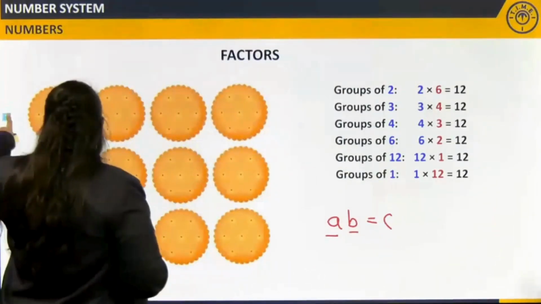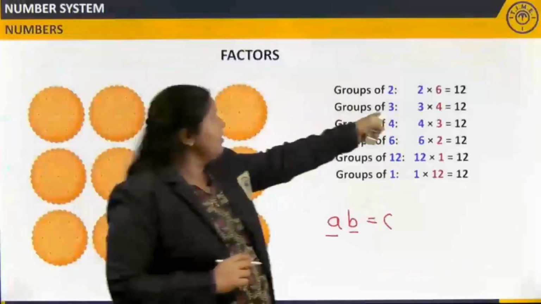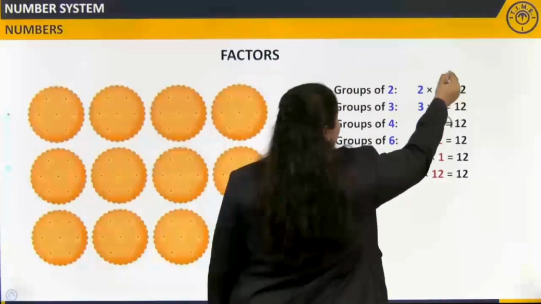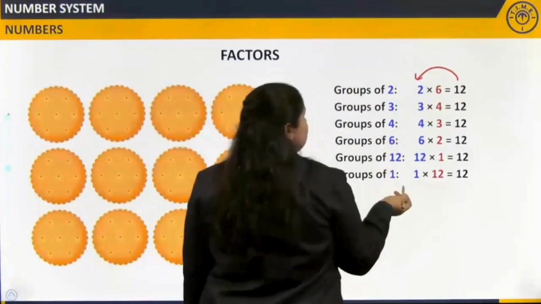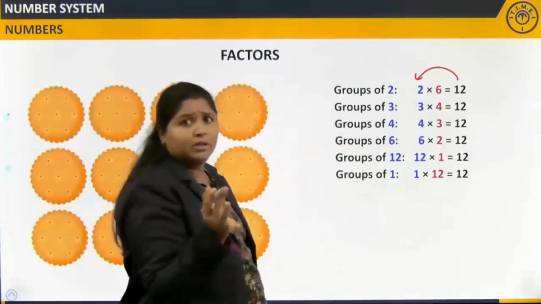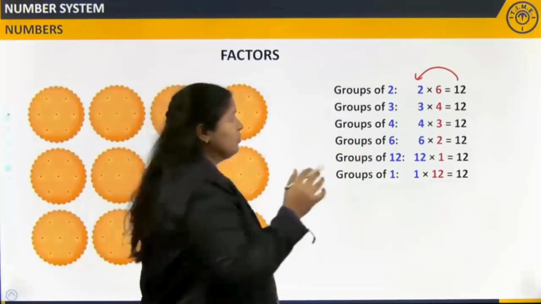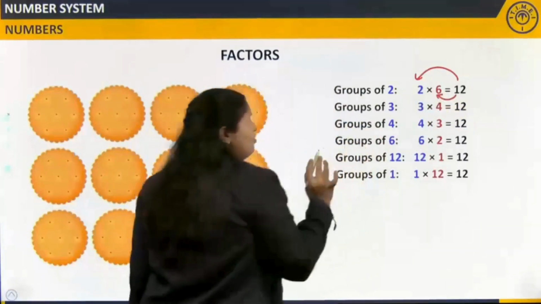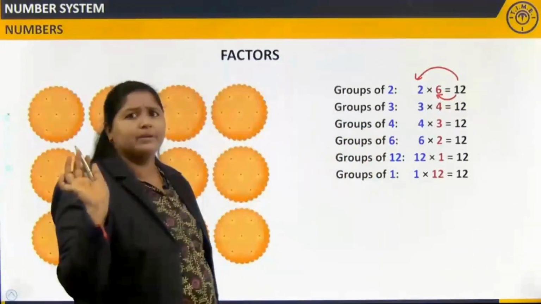So now here, 2 and 6 are factors of 12. That means when you divide 12 by 2, you will get what? 6. No remainder. 12 is divisible by 2. Same way, if you divide 12 by 6, you will get 2. No remainder. 0 remainder. Okay.